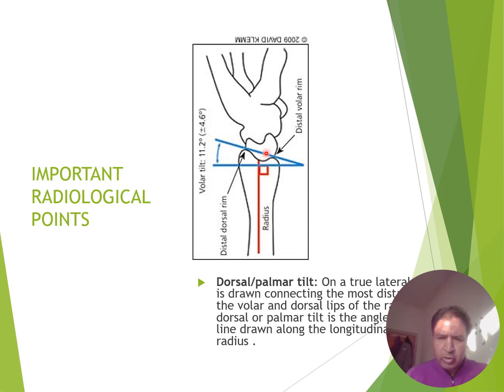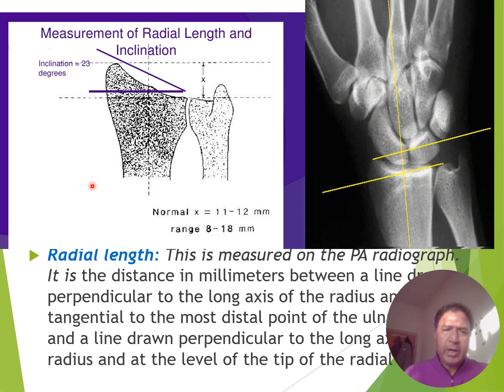So we draw the line along the longitudinal radius and then we measure the angle. Then we measure the radial length and inclination. Inclination is 23 degrees. So this is the 11-degree angle.